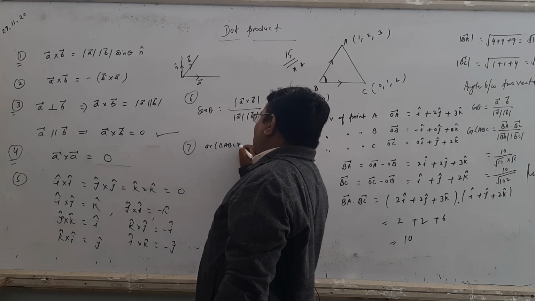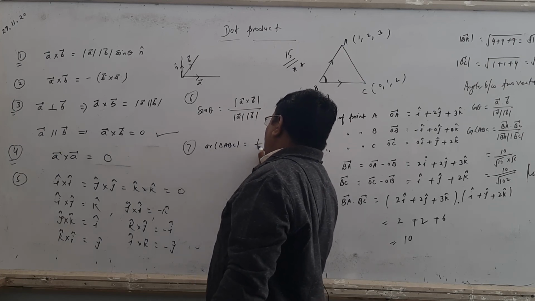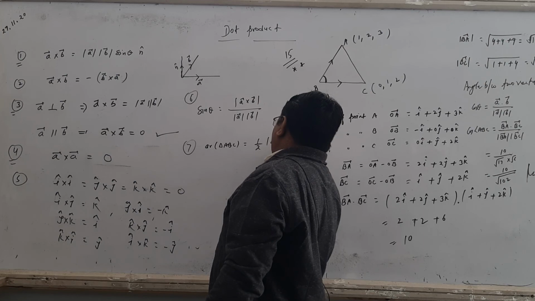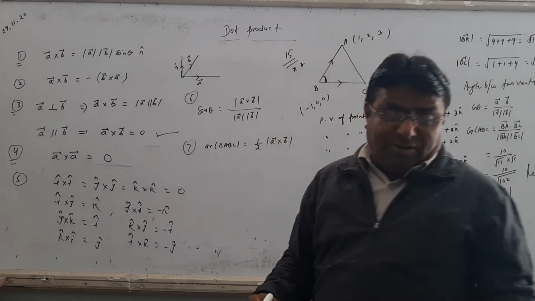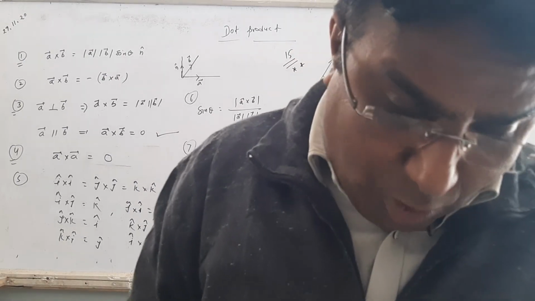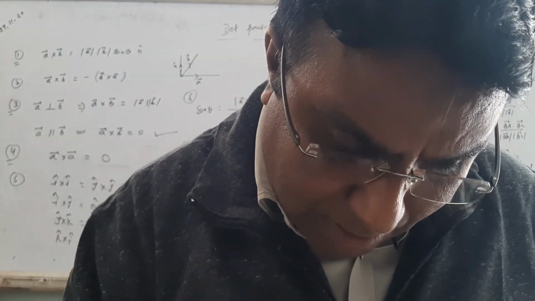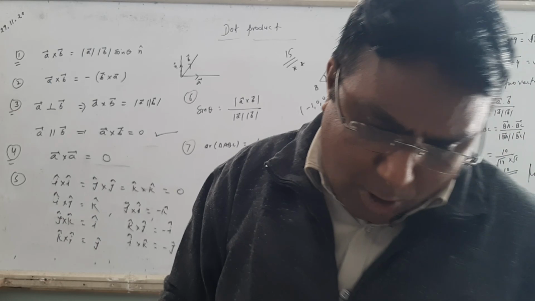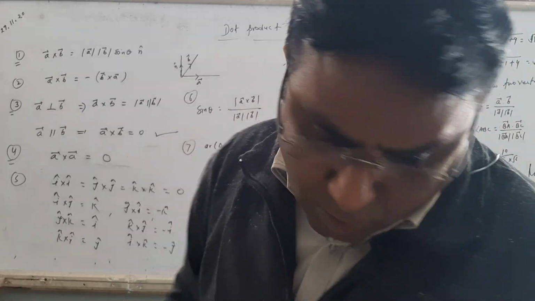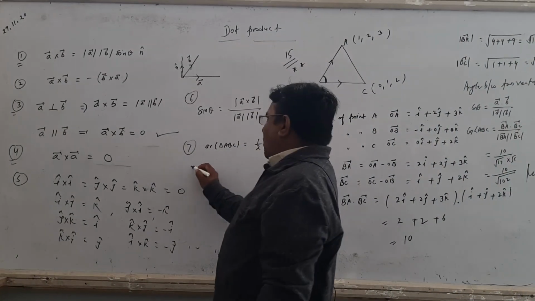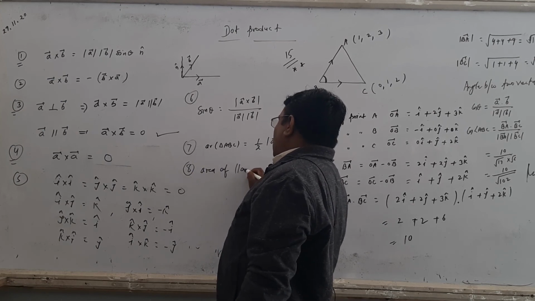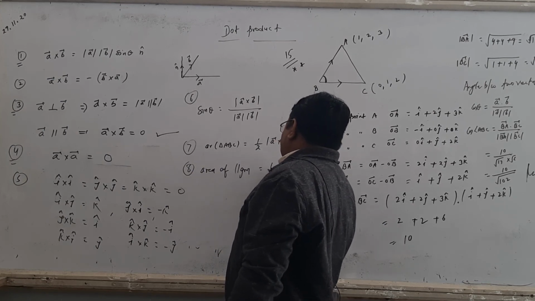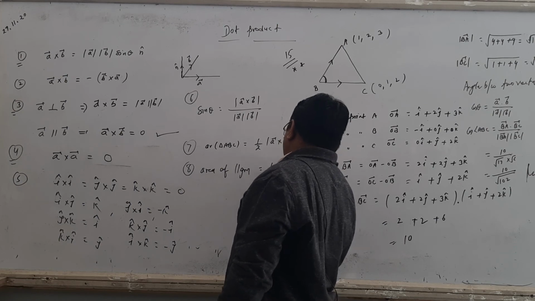Then two adjacent sides are given, then 1 by 2 magnitude of A cross B. This is the formula of area of triangle where vector A and vector B are adjacent sides of a triangle, right? Same thing, what is the area of parallelogram? There are two formulas.